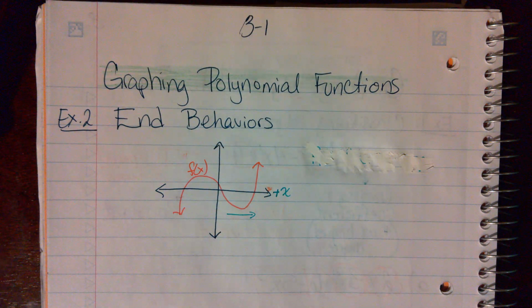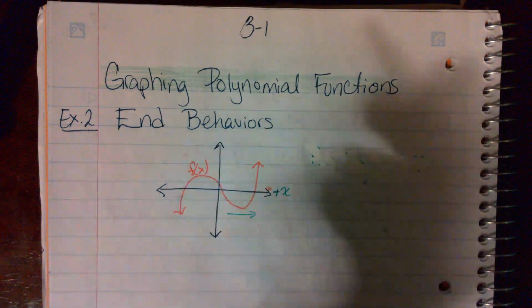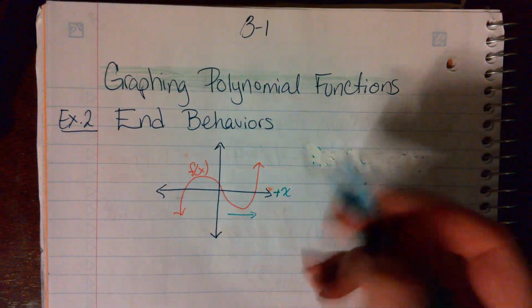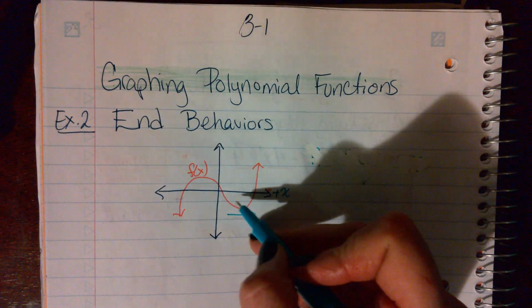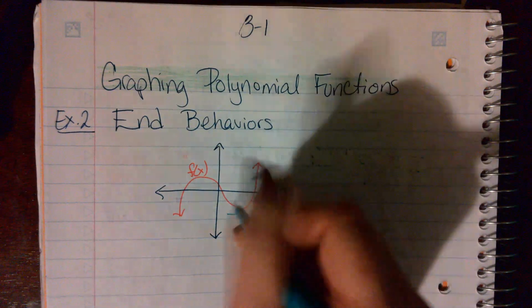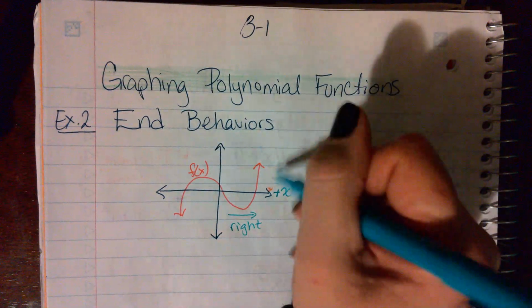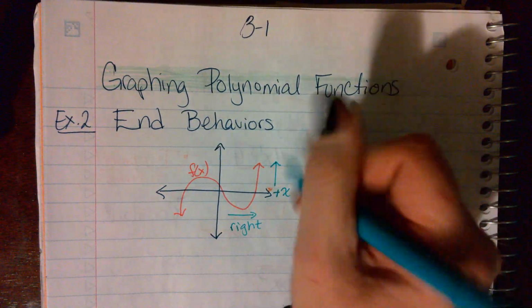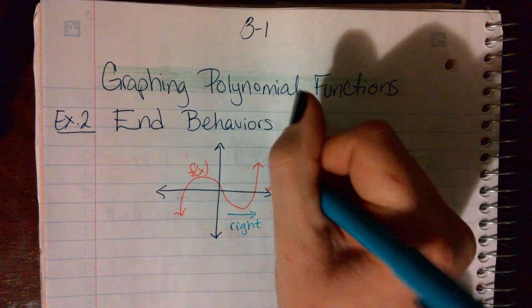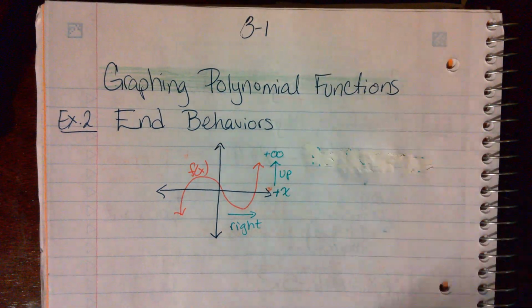We want to talk about how this function looks traveling towards positive x. So as our graph is going towards the right, what's happening? Well, as it's going towards the right, it is going up, and up is our positive infinity.